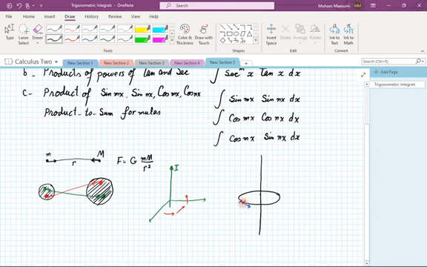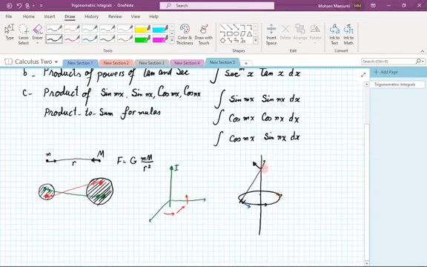Every little element of this wire is going to produce a magnetic field all over the space. If you are focusing on points on the axis, there is going to be some magnetic field here. And then if you look at another little piece of this wire, that's going to create another little magnetic contribution.